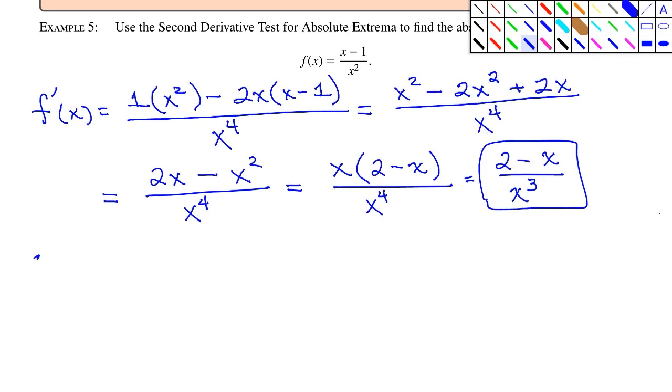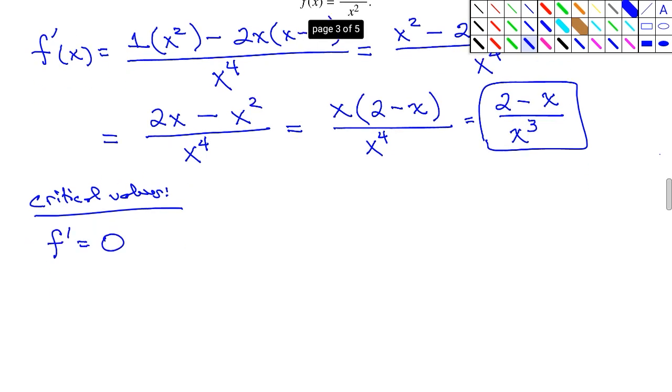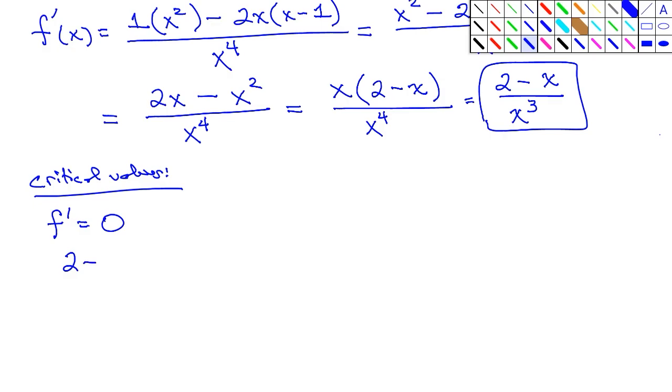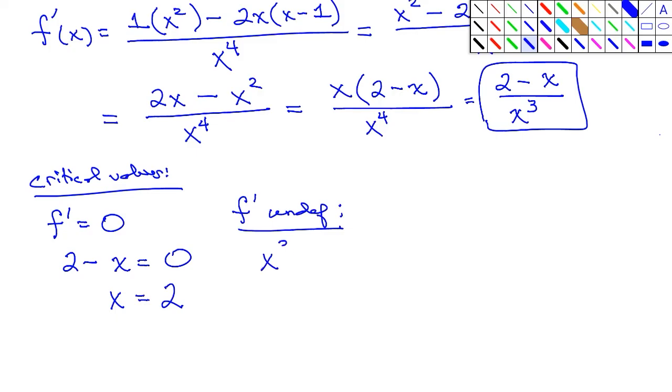Next, we need to find the critical values. And so let's find where f prime is equal to 0. We do that by setting the numerator equal to 0 and solving for x. We get x equals 2. And then we should find where the derivative is undefined by setting the denominator equal to 0.